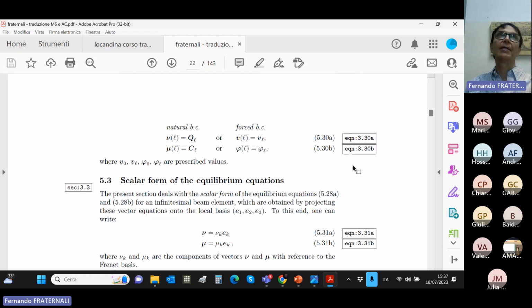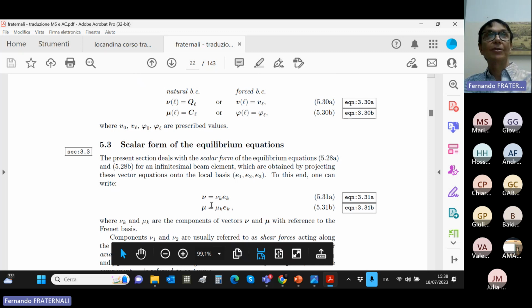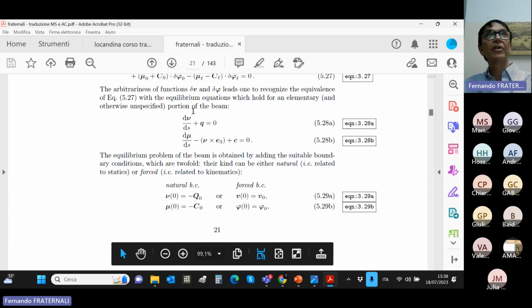Antonio has also presented the scalar form of this equation, which is more cumbersome than the previous one. The problem is that here we have a derivative of nu with respect to s.